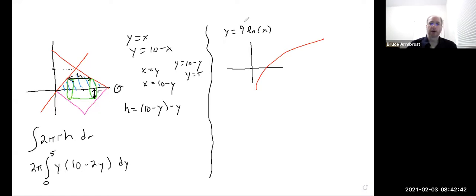And we're going from x equaling 1, which is that intersection point, out here somewhere, to e. So the region that we're rotating is this piece. And again, we're going to revolve it around the x-axis.